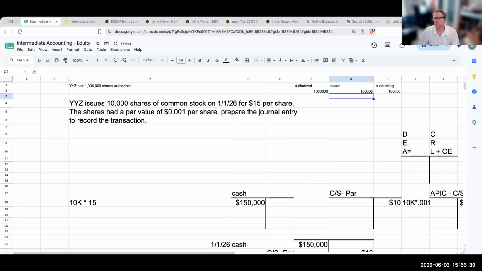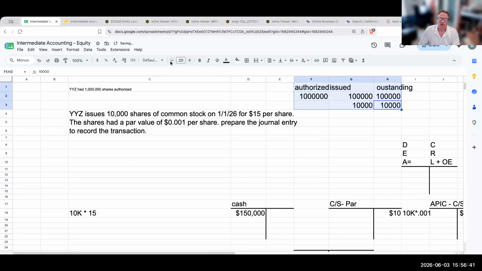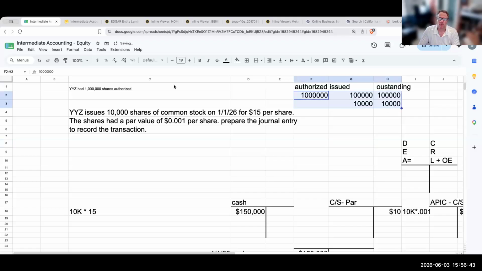So I'm going to have issued and outstanding shares. This is not really changing. It's still going to be 10 million authorized, but in the following year I'm issuing 10,000 shares.